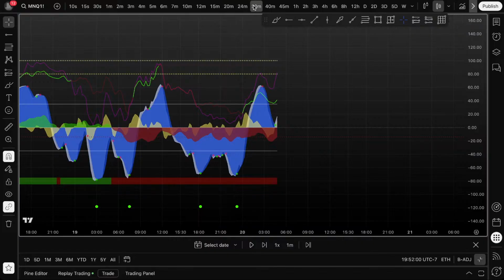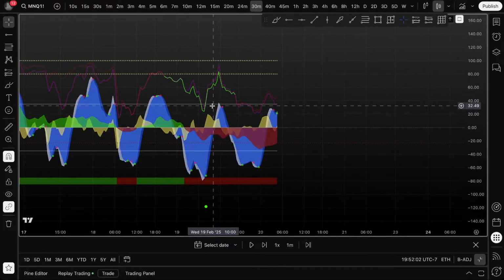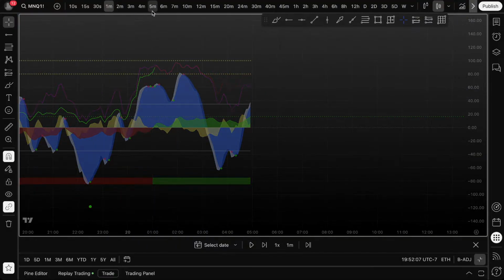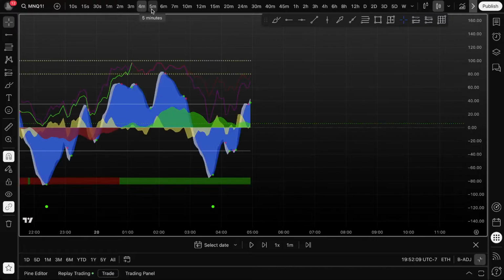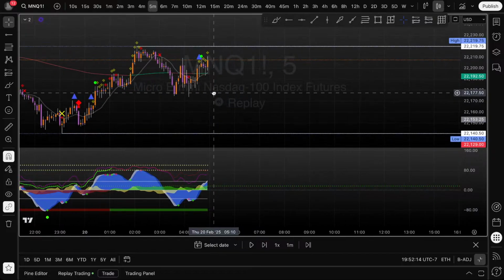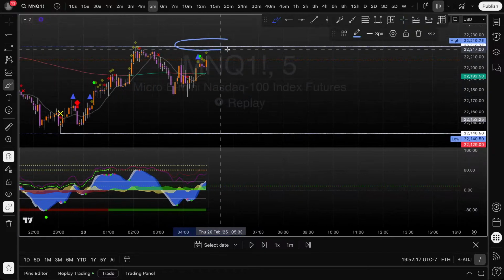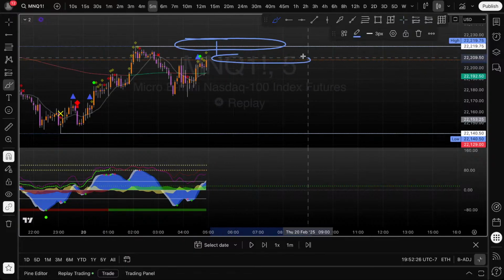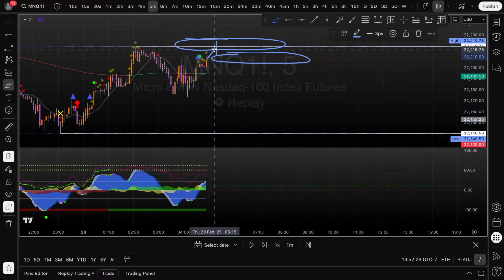I don't think they're going to give much. I'd like to see a wick into here and then get some candle closes here. And then we're looking for a short.